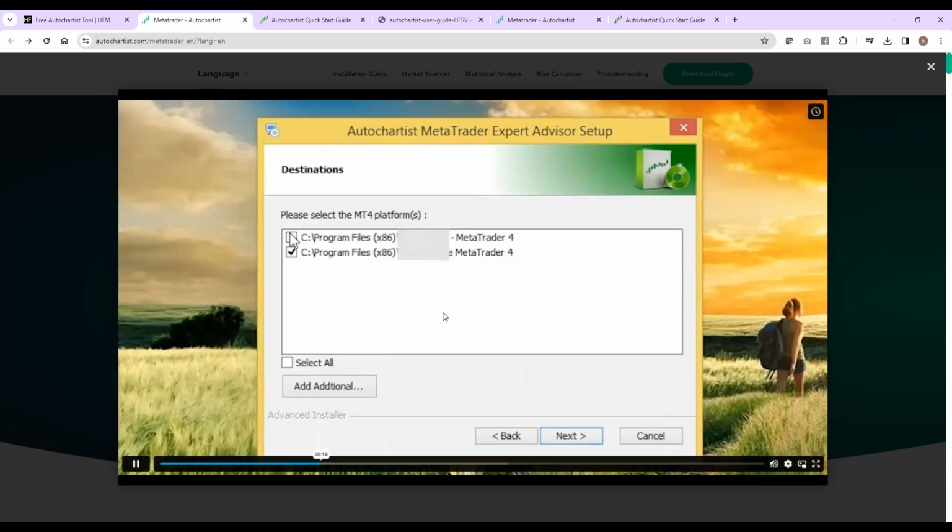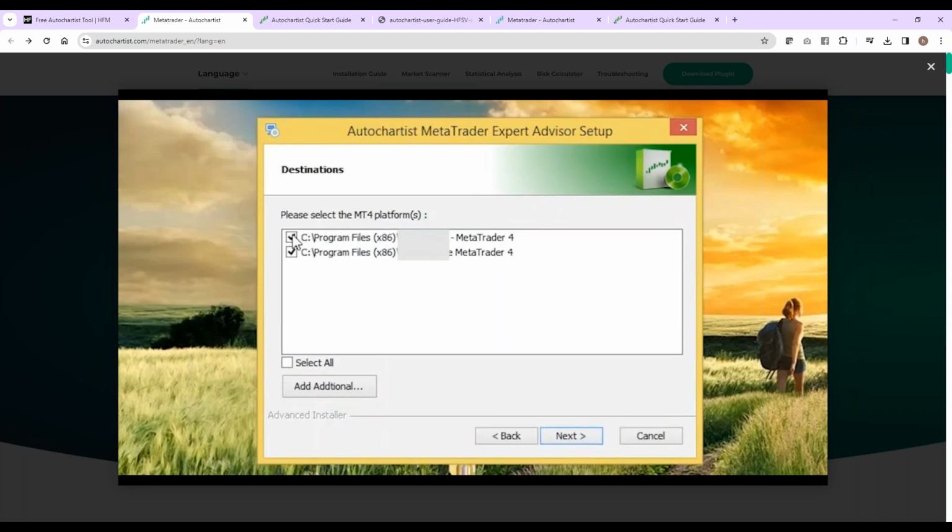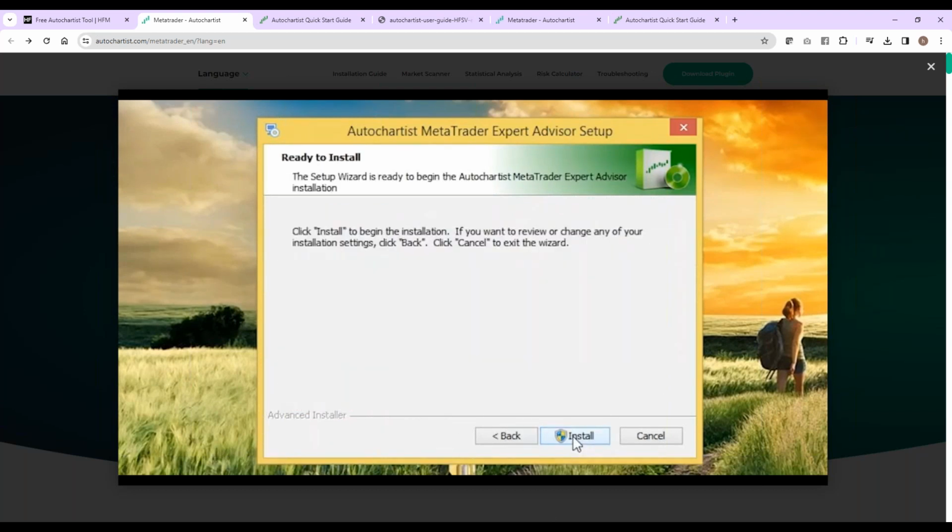Over here, you need to choose whether you want to install it in MT4 or MT5. Select the appropriate platform and click next. Or if you want both MT4 and MT5, you can select both. By clicking next, it will be installed.